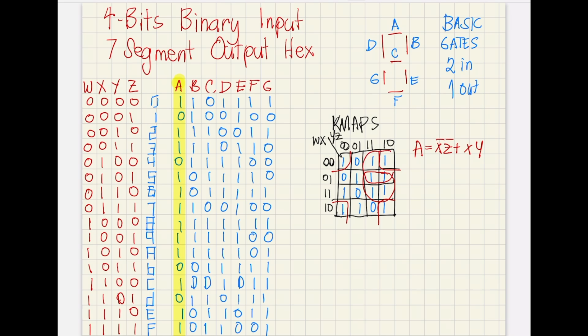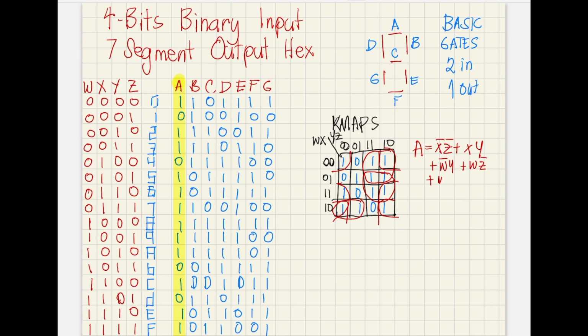Then the next will be another 4, and that will be W bar Y, and another 4 again, and this will result in W Z bar. It will not be redundant, because as much as possible you can use the ones that are adjacent to each other to simplify them.